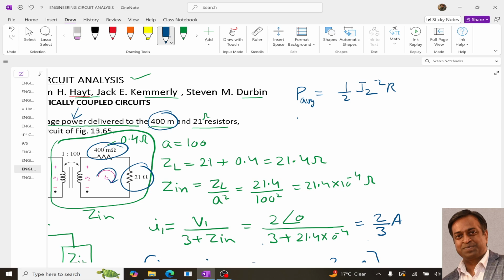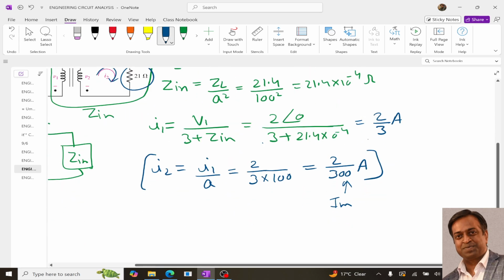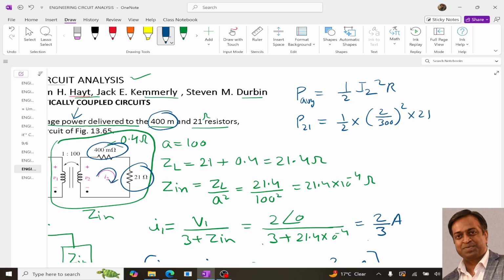If we want to determine the power for the 21 ohm resistor, it will be half into I2, which is 2 upon 300, squared, into 21. And for the 0.4 ohm, it will be half into 2 upon 300 squared into 0.4.